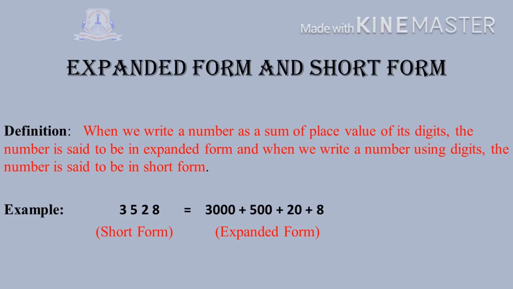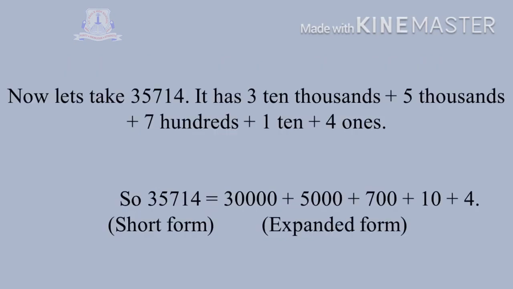For example, children, see the number 3,528. That is equal to 3,000 plus 500 plus 20 plus 8. Now the number 3,528 is in short form and 3,000 plus 500 plus 20 plus 8 is in expanded form. Now let's take the example 35,714.